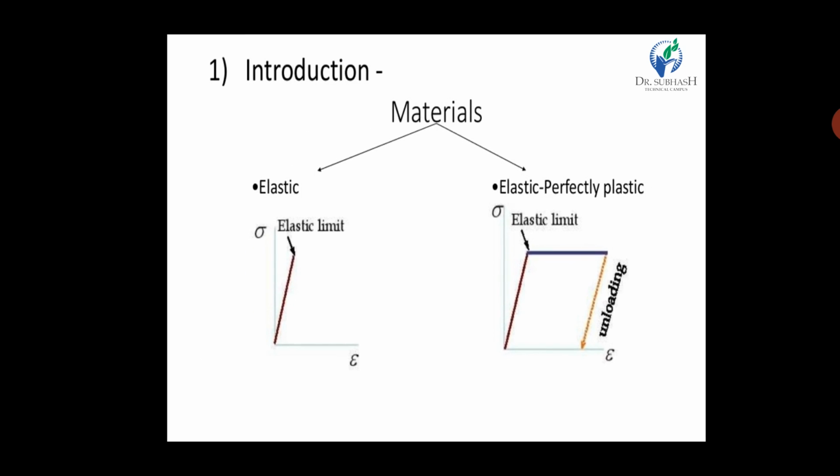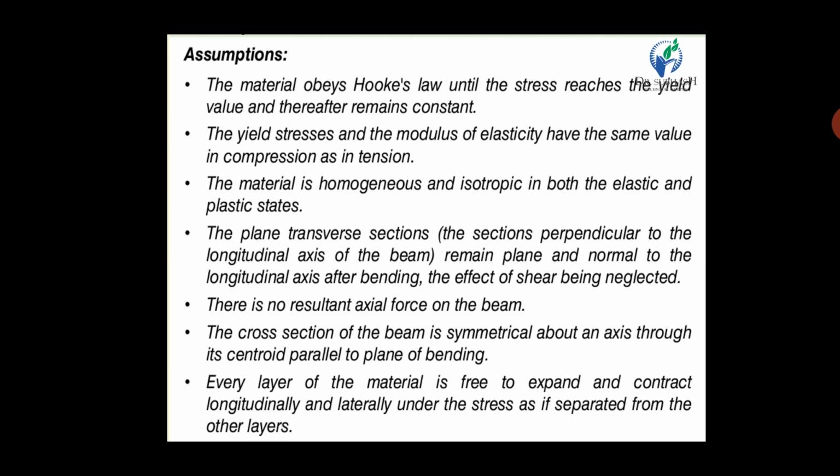Now the next slide, assumptions. There are some assumptions to achieve the plastic state, or yield stress, before load failure. First, the material obeys Hooke's law until the stress reaches fy. Second, the yield stress and modulus of elasticity have the same value in compression and tension. Third, the material is homogeneous and isotropic in both the elastic and plastic states.